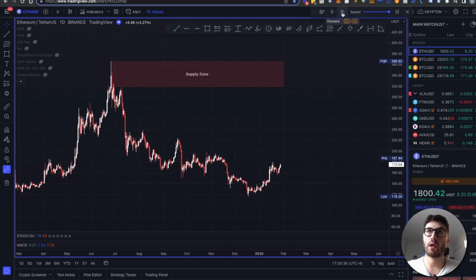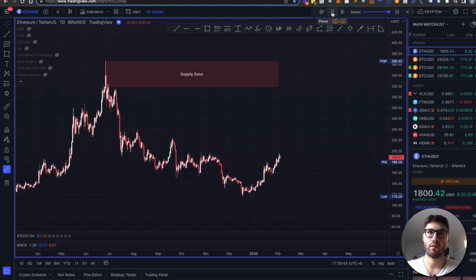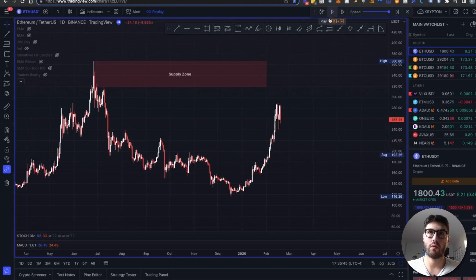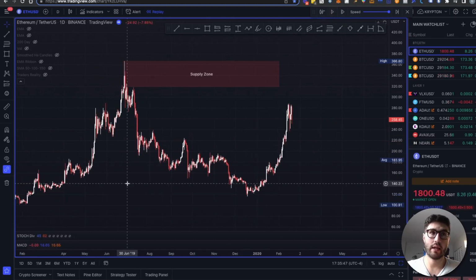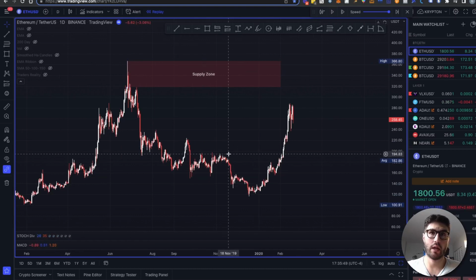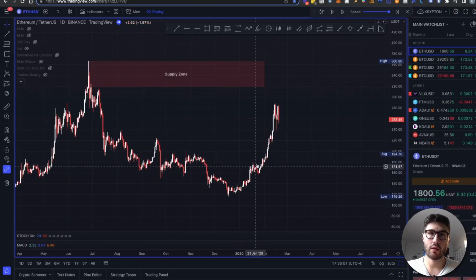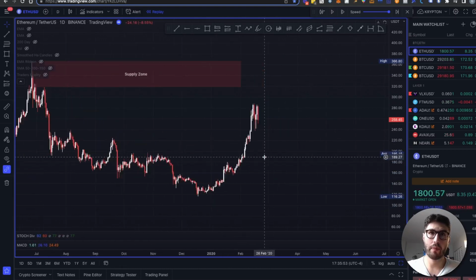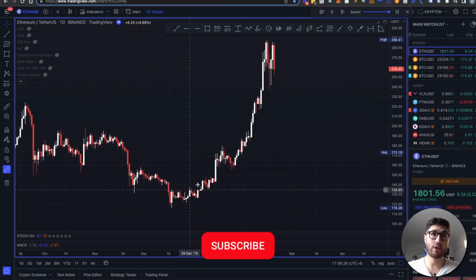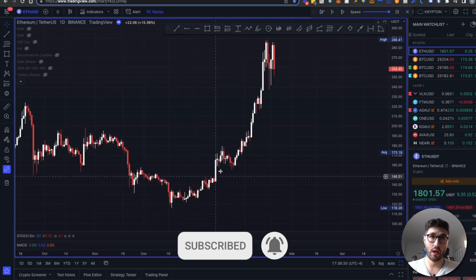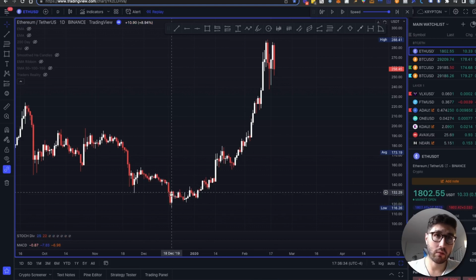So if we use the bar replay tool, we can see this move up, and we can identify the initiation of this move up from this candle right here, which is the last bearish candle before the move up.